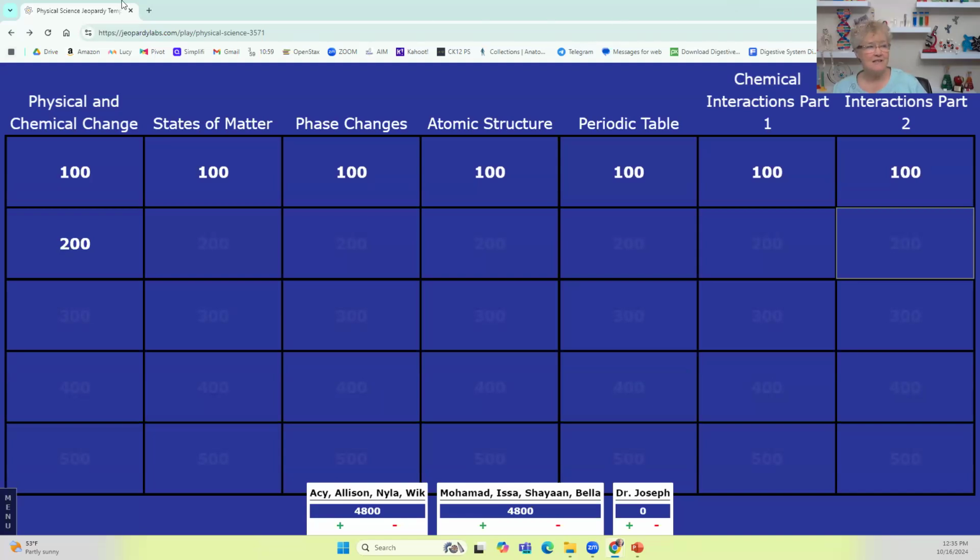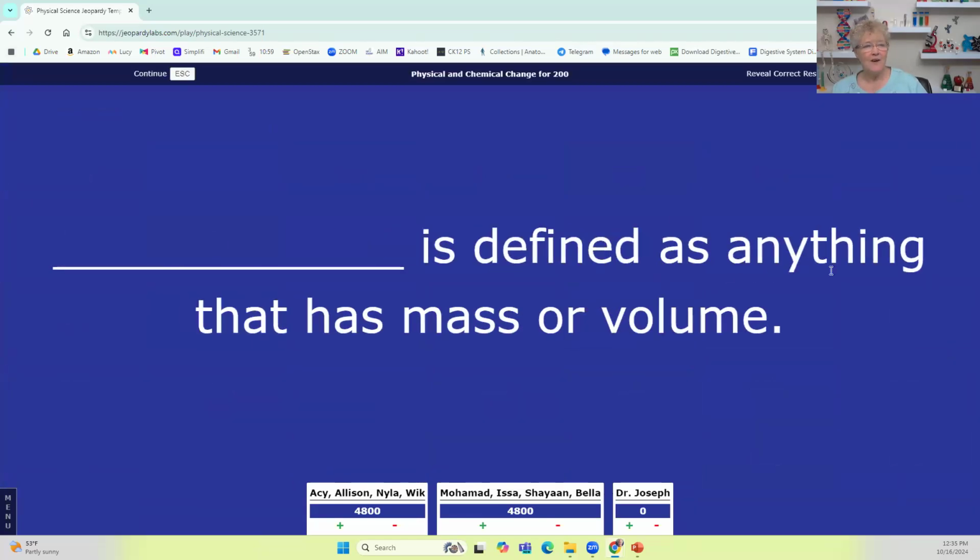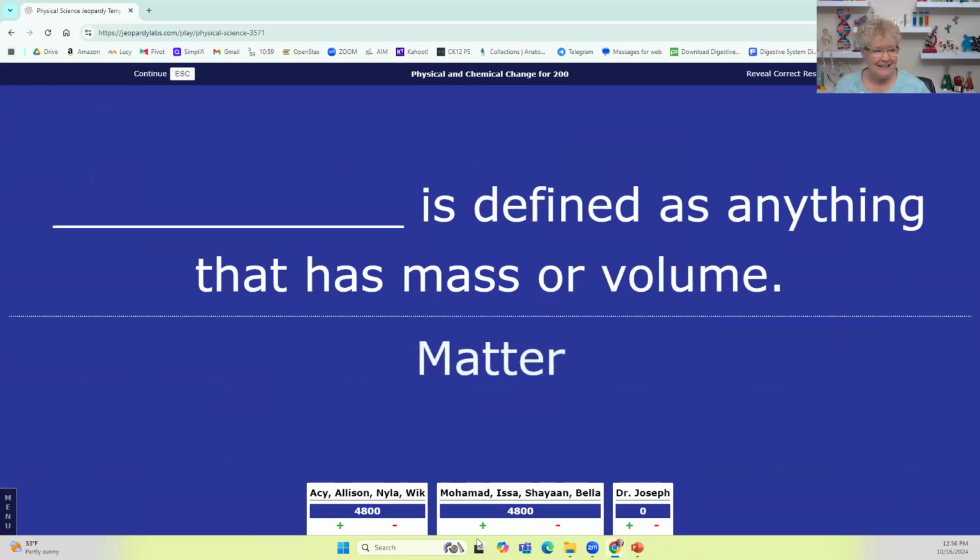Physical and chemical changes 200. What is defined as anything that has mass or volume? You got it. Matter. Excellent. There's the answer. Matter has mass or volume.